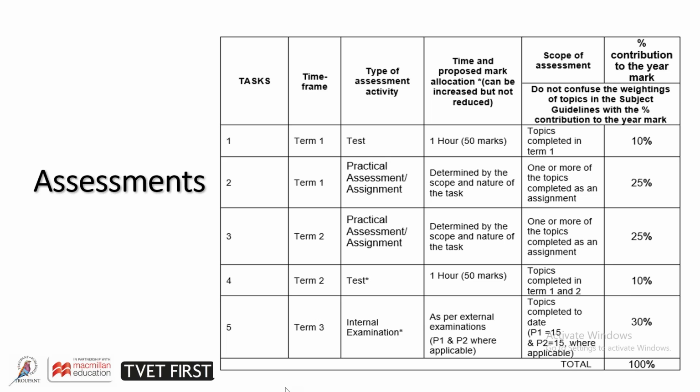In term 2, we do our second practical assignment, and then we also have another test. Weightings are shown. And then term 3 is where we have our internal examinations. This is a programming subject, so we are used to having 2 papers for this particular subject, where paper 1 is theory and paper 2 is programming, which is the practical.